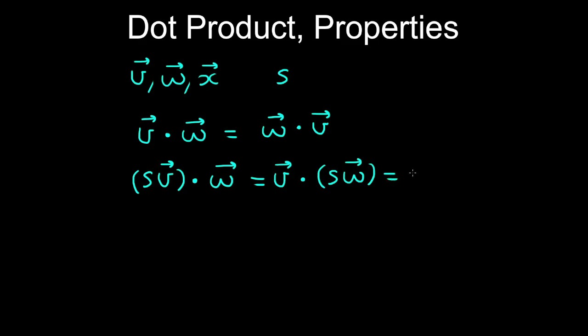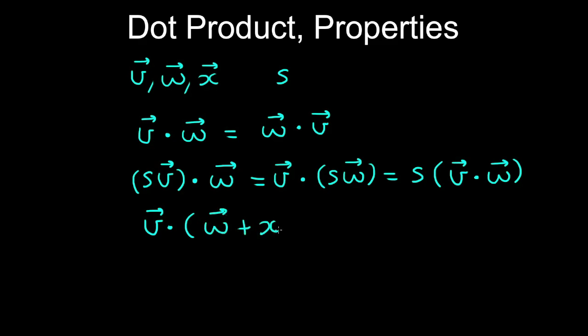And that's also the same as taking the scalar outside and multiplying it by the dot product between the two vectors. Now we can also distribute the dot product over vector addition. So we have v dot, the sum of vectors w and x, which is the same as v dot w plus v dot x.